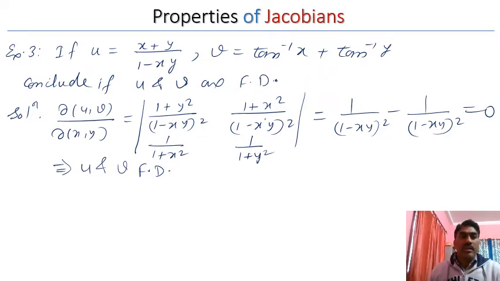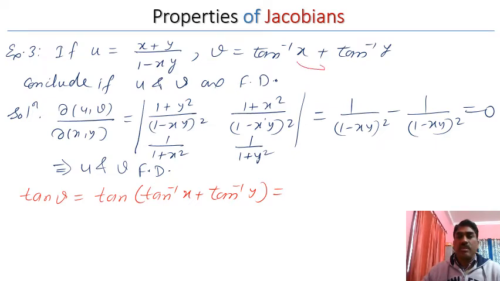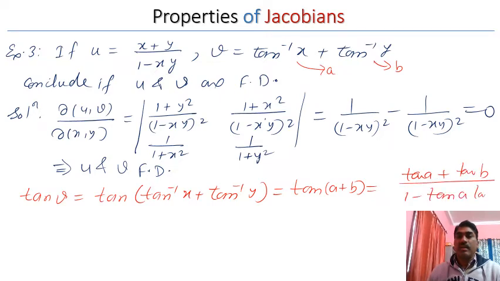So we will try to find the relationship between u and v. So just take tan v is equal to tan of tan inverse x plus tan inverse y, and this will take a more compact form if we take tan inverse x is equal to a and tan inverse y is equal to b. So this will become tan of a plus b, which means tan a plus tan b by 1 minus tan a tan b.